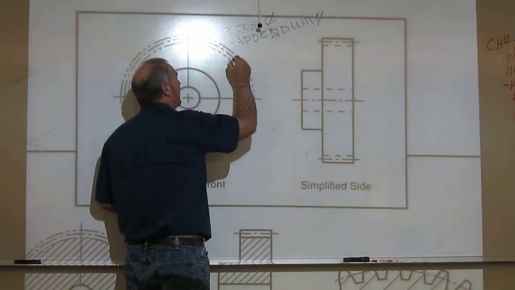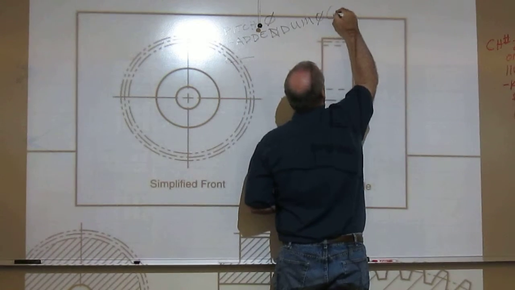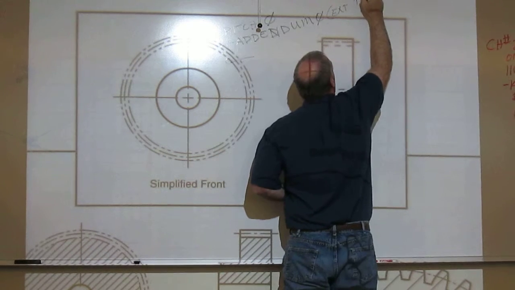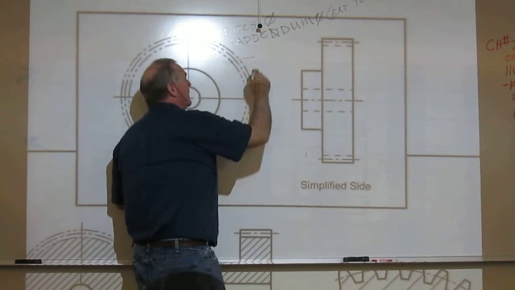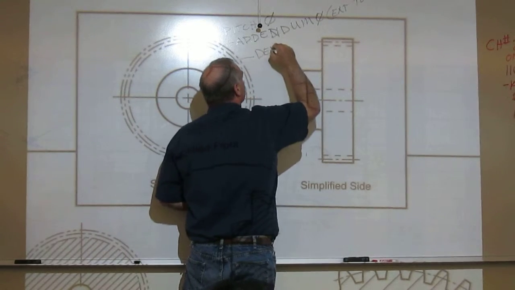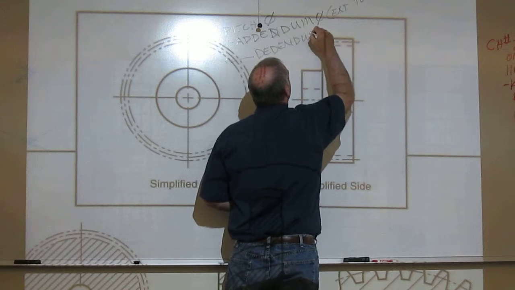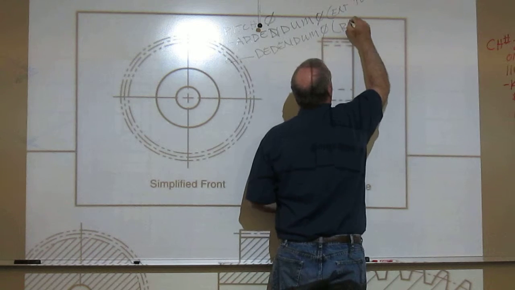The outside one, addendum diameter, this is the exterior of the tooth, right? The inside one is your dedendum, which means inside, and this is the root of the tooth.